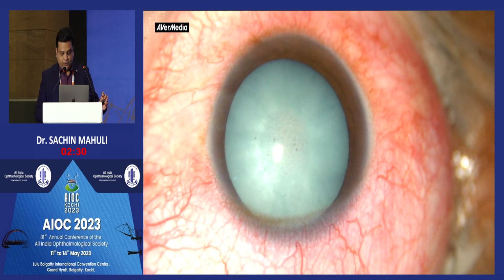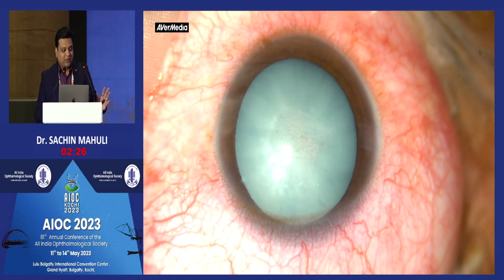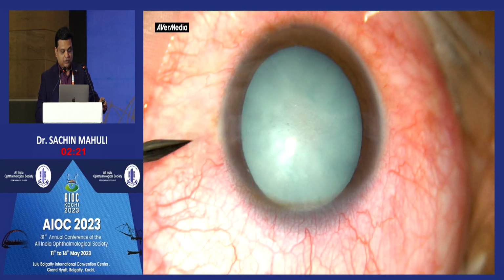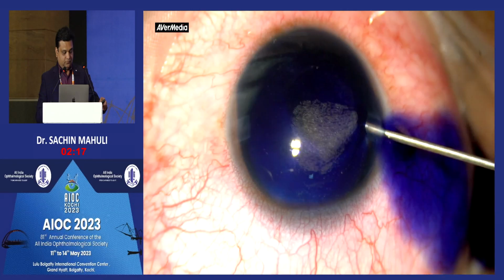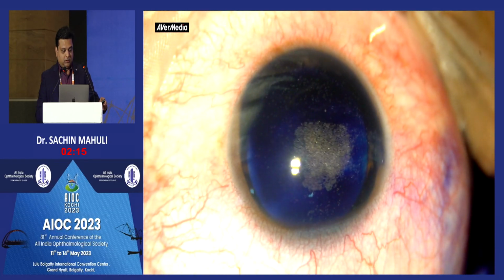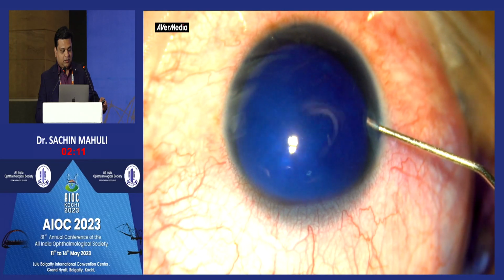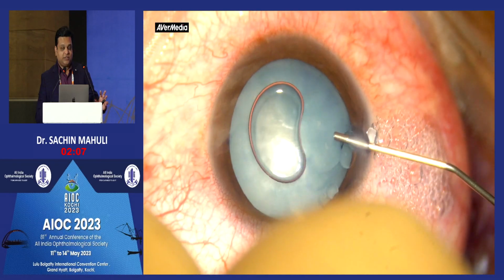This is a small video showing a case of a mature, totally hydrated cataract, in which phaco was planned with the silicone oil removal. The capsule was stained. The lens was very intumescent, though it was not very hard.